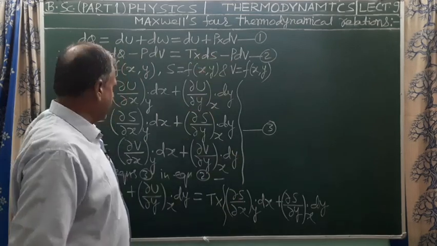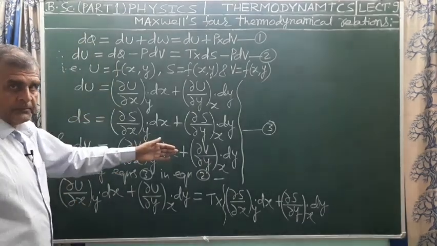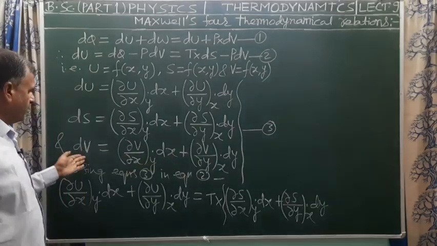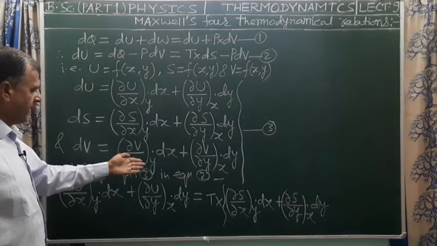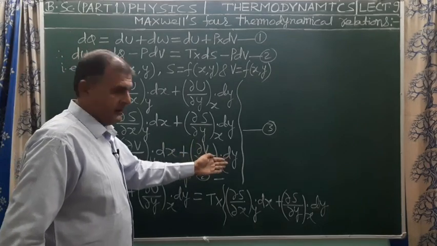The second term is minus p dv. So we can write in place of dv from equation 3, dv equal to del v upon del x at constant y into dx plus del v upon del y at constant x into dy.